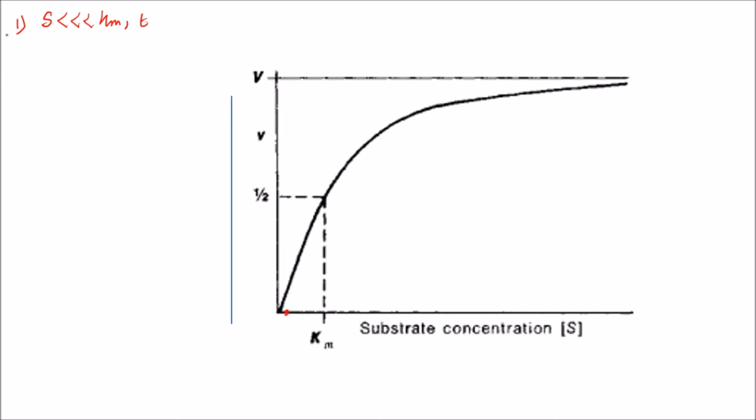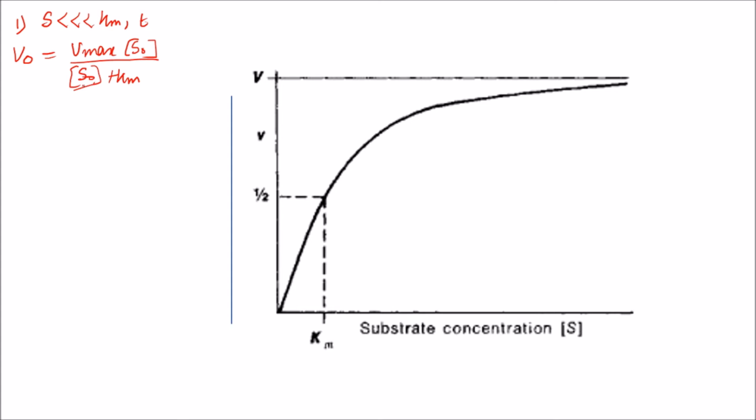At that time, let us consider the equation we had: initial velocity equals V max into initial substrate by initial substrate plus Km. So when substrate is very much less compared to the Km, at that time we can ignore the initial concentration with respect to the Km.